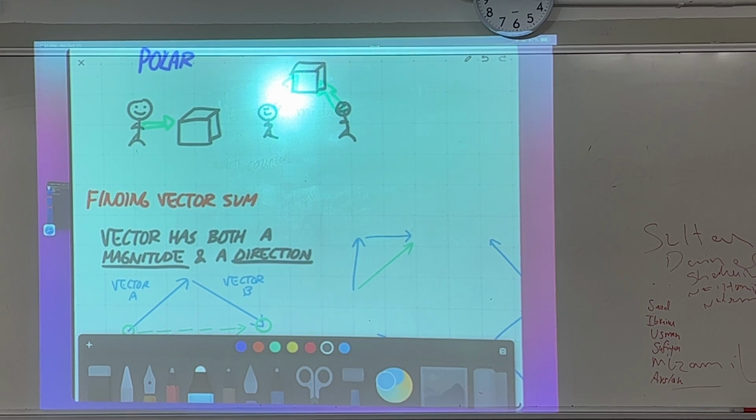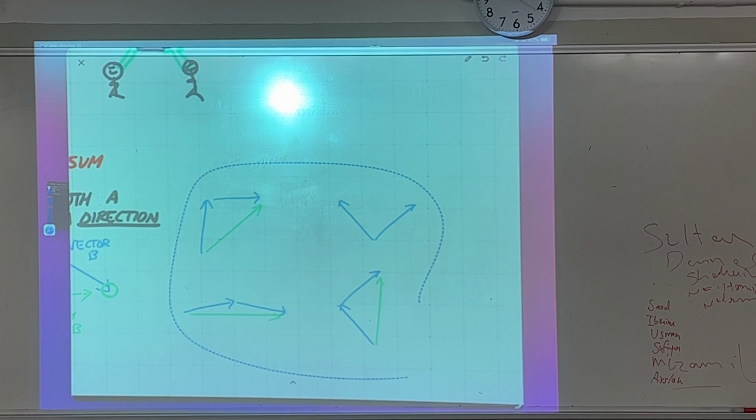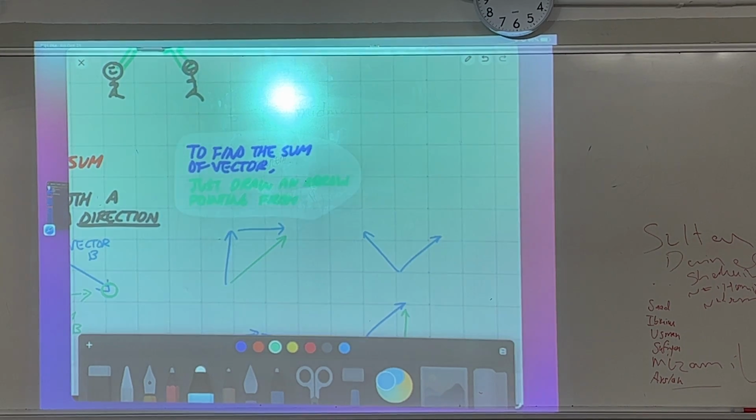There are just two rules that govern how vectors add up. The first rule is to find the sum of vectors: just draw an arrow pointing from the arrow tail of the first vector to the arrowhead of the second vector.